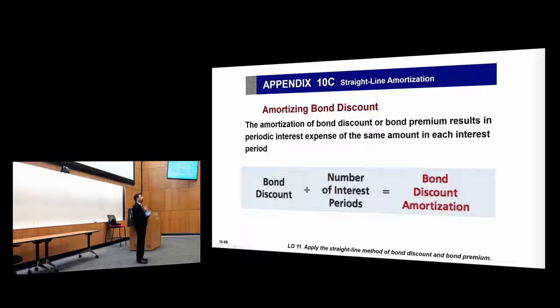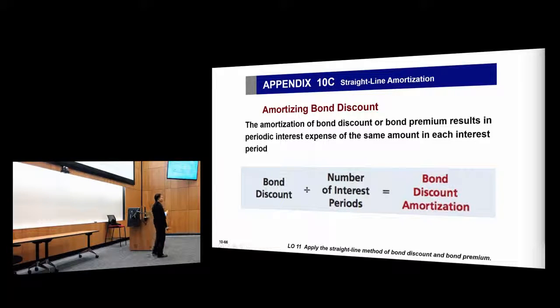So, for example, we said that for bonds, how often is interest paid? You guys remember that? How often is interest paid with bonds? Yes, semi-annually, which means twice a year.